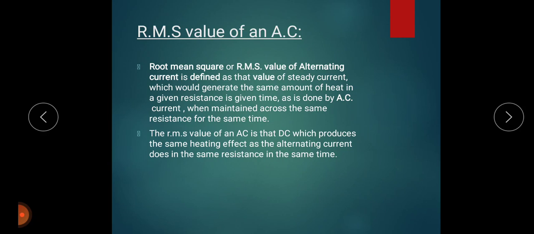Here the RMS value of an alternating current is that direct current which produces the same heating effect as that of the alternating current does in the same resistance in the same time.